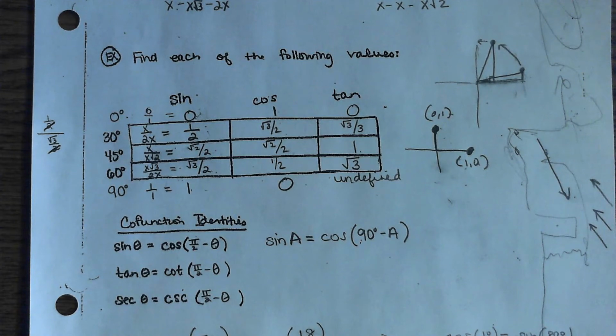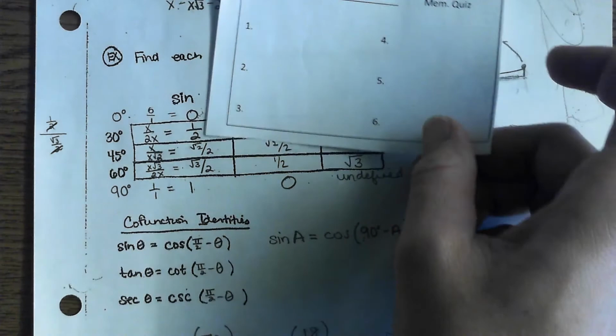There will be days that you will come in and you will pick up a sheet that looks like this. And you will put your name on it, and then Mrs. Rahill will go like this. Number 1. And you have to write down root 3 over 2.